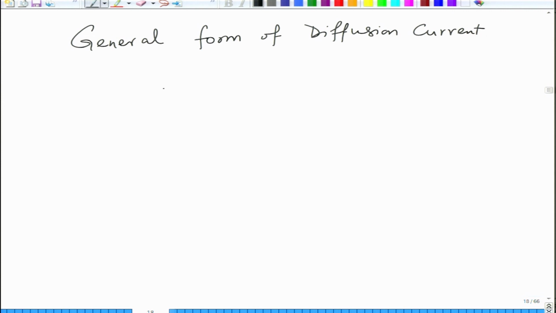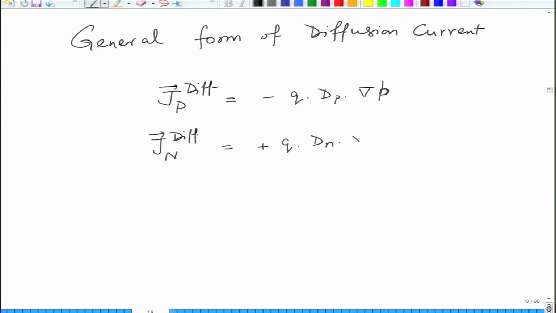Jp diff can be written as minus q Dp into del of p, and Jn diff can be written as plus q Dn into del of n.